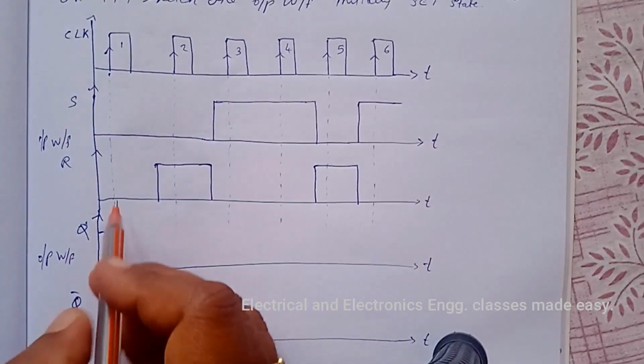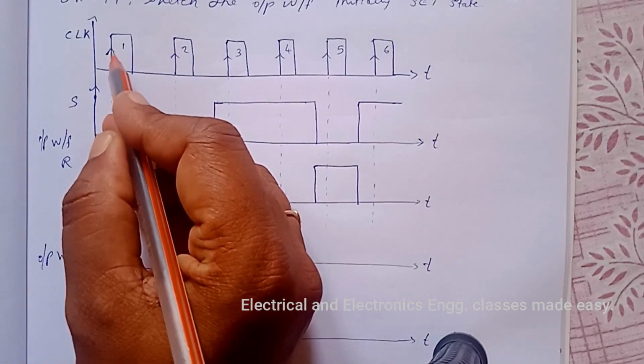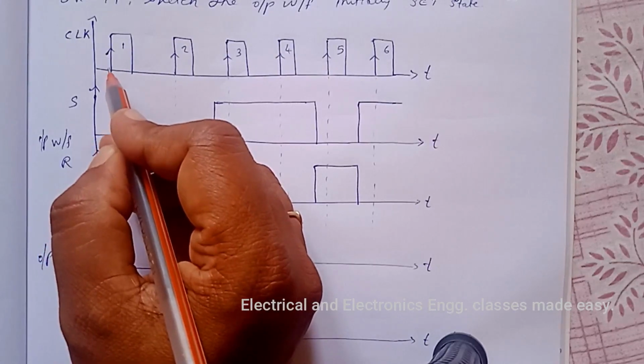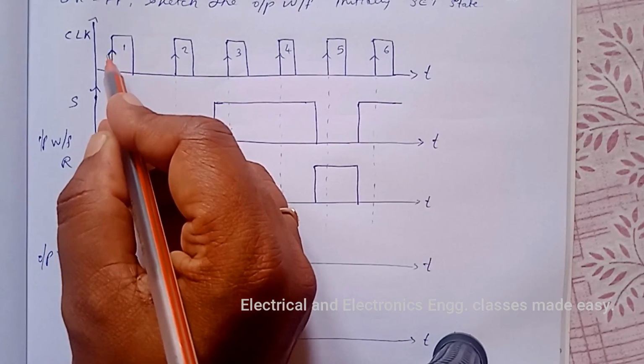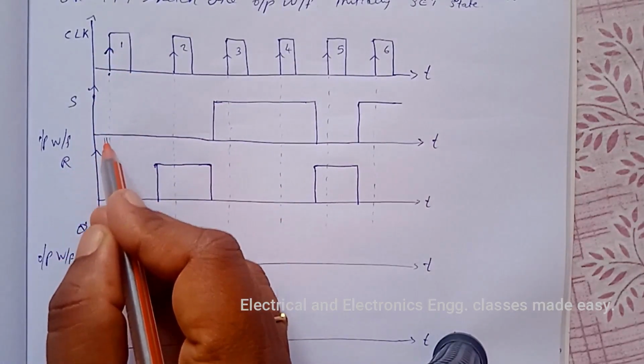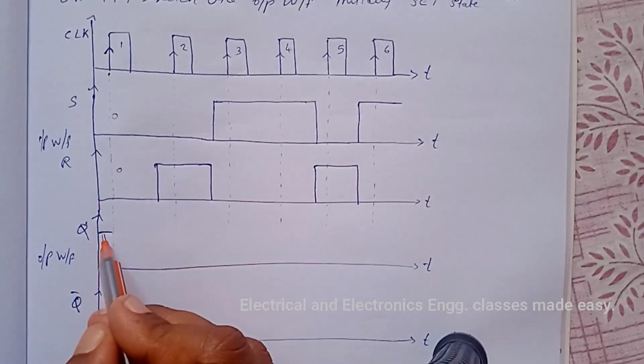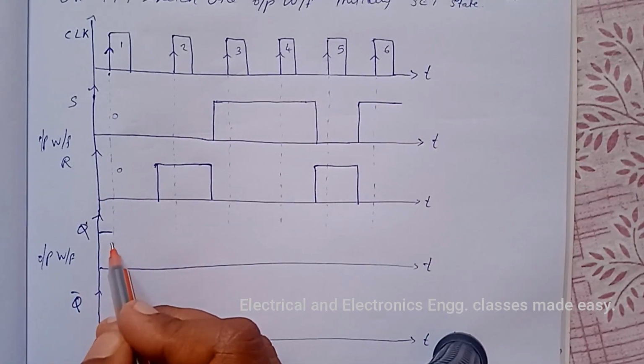Q is equal to 1 up to the positive edge of the clock pulse. So when the positive edge occurs, at this state, S is 0 and R is 0. That means no change to the output.